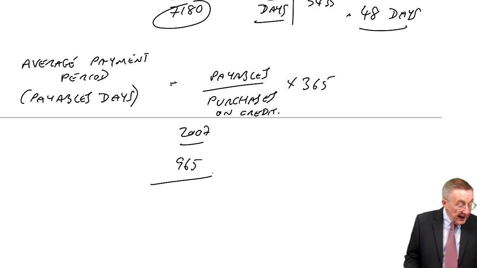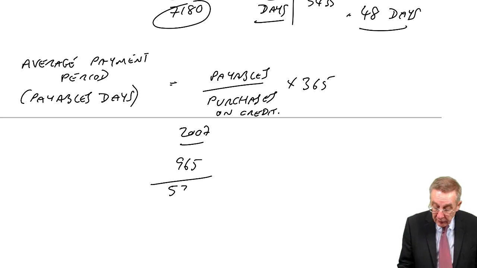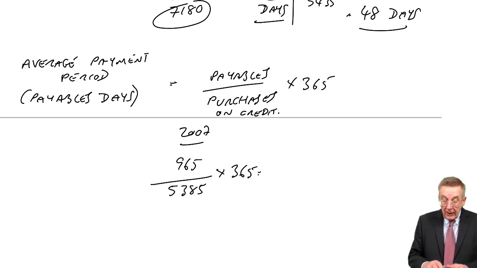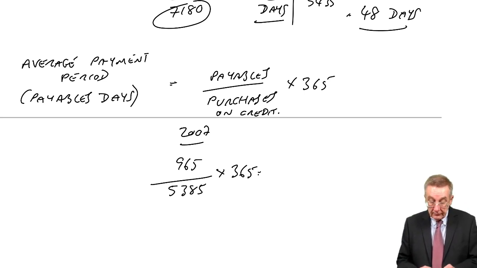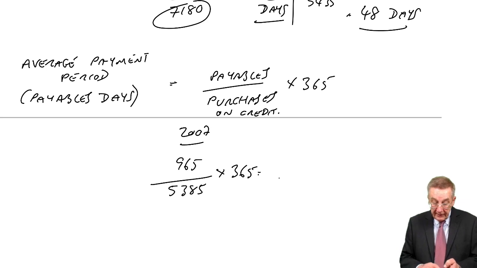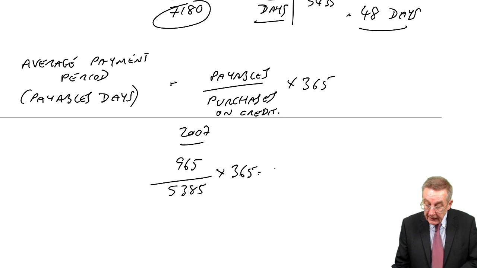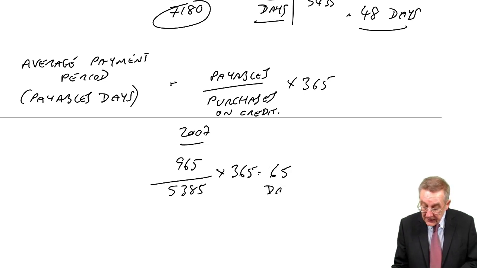If we use cost of sales in the absence of anything else, it's 5385, which gives us, good heavens, it's 600 days. Let me try again. 965 divided by 5385 times 365. It gives us 65 days.